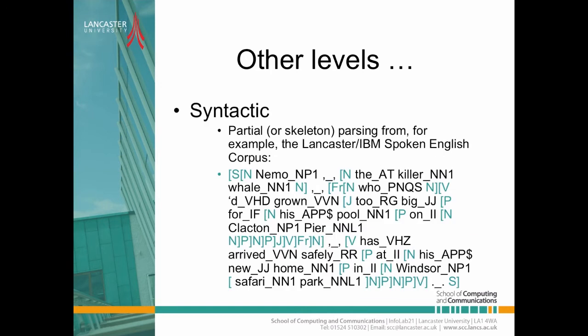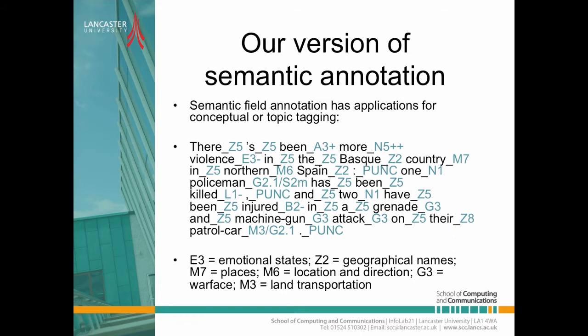Another level that we've worked on here at Lancaster is partial or skeleton parsing, and here you'll see that the annotation is applied not just at the word level but at the clause or phrase level, indicating things like noun phrase or verb phrase. At the semantic annotation level, we do the same kind of thing.